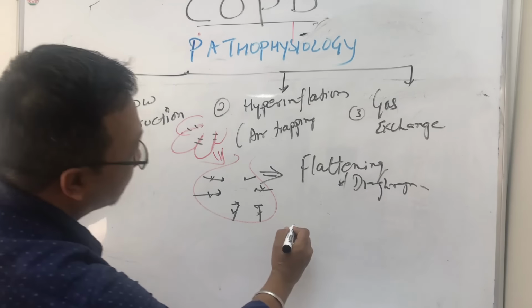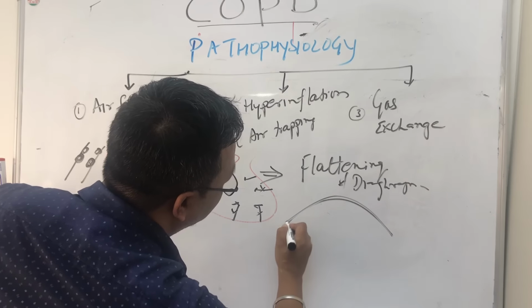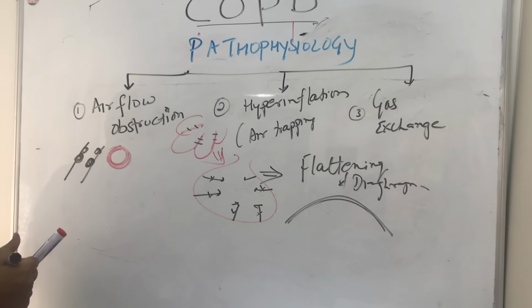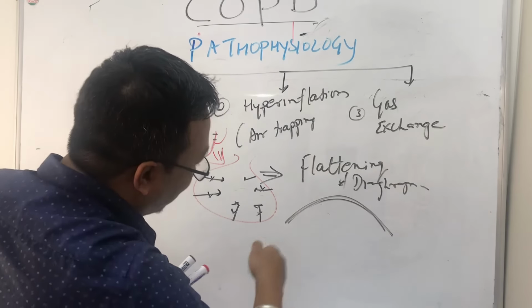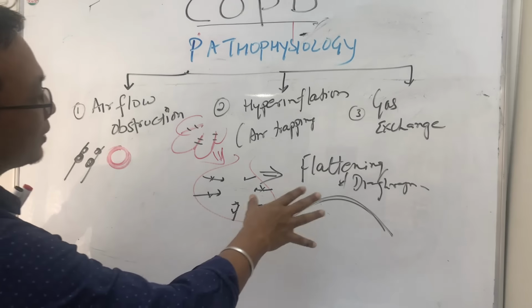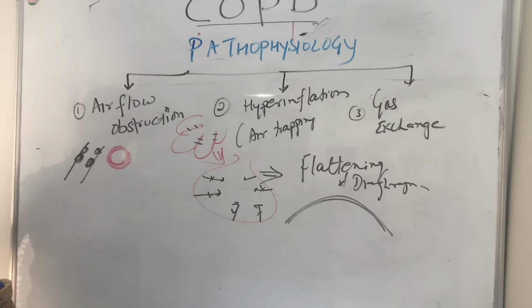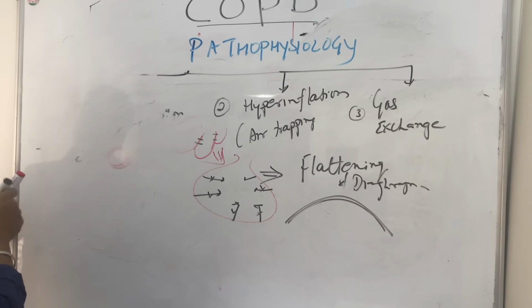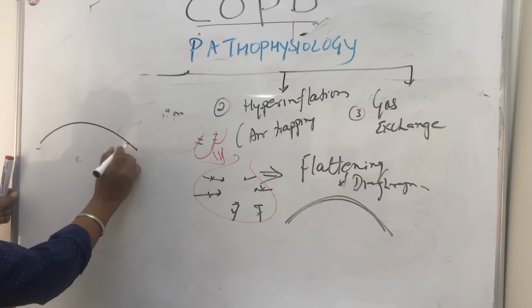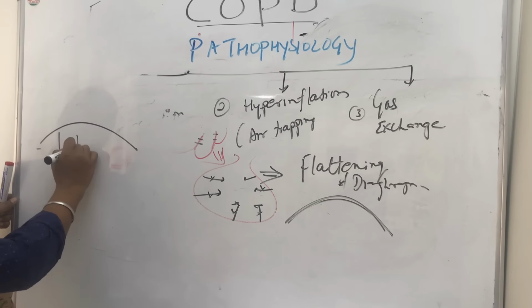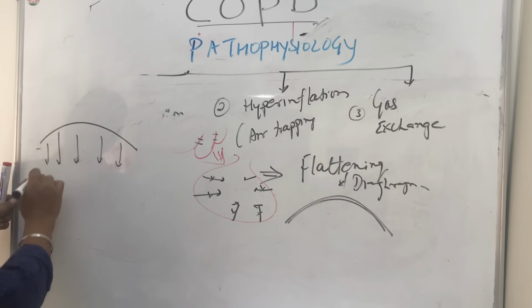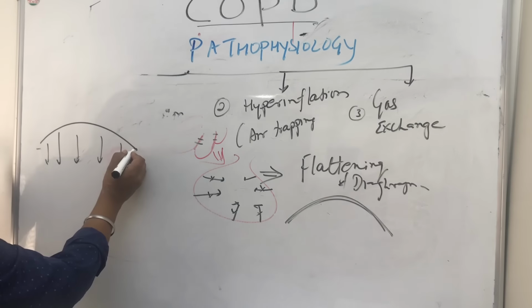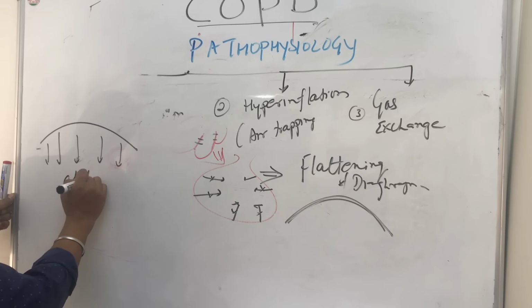Normally the diaphragm is dome shaped. Now what will happen if we flatten it? What can be the consequence if the diaphragm is flattened? You have to imagine the situation here: the diaphragm is opposing the abdominal muscles.